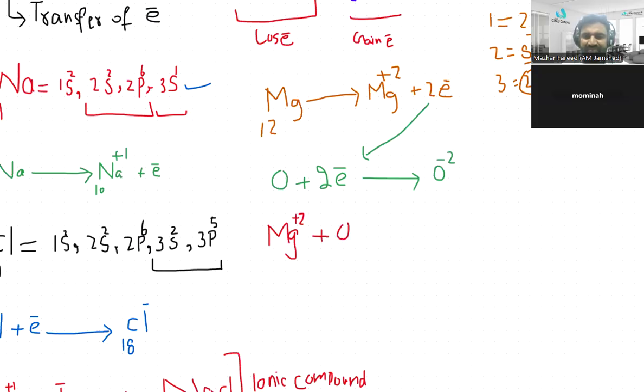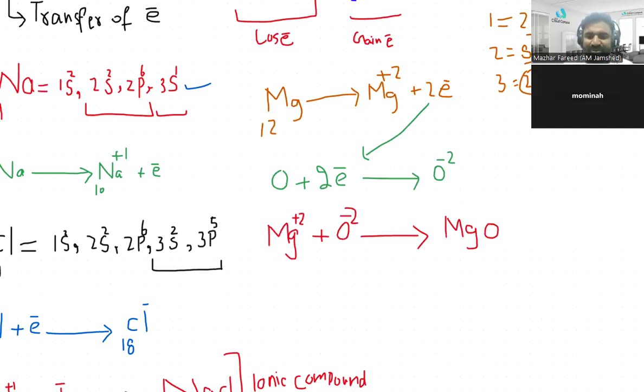Then this becomes magnesium oxide. Here is one new thing that we need to understand for making any compound. You know the valency or oxidation state of magnesium is 2.